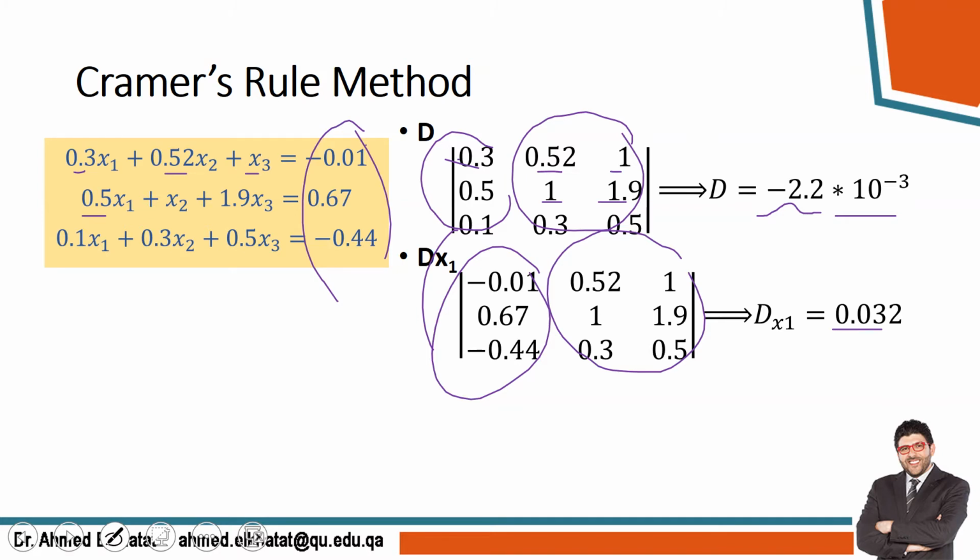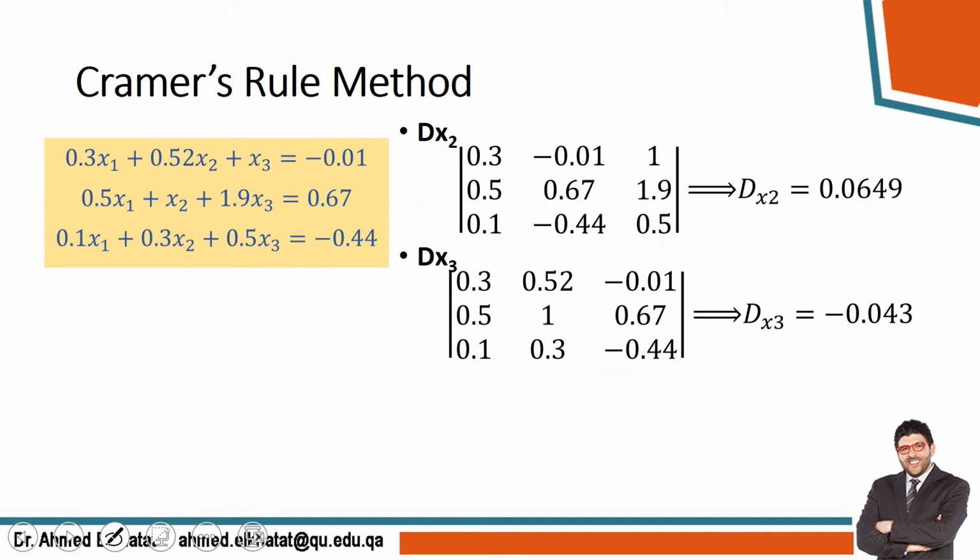Then after that we can find the x1 value by division. So x1 equals Dx1 over D. If you divide Dx1 over D, it will give you the value of x1.